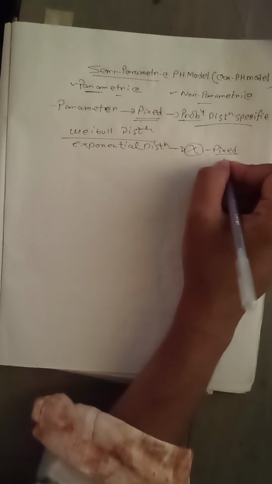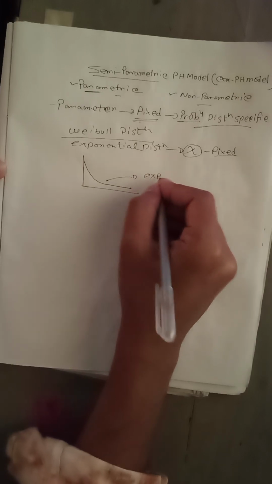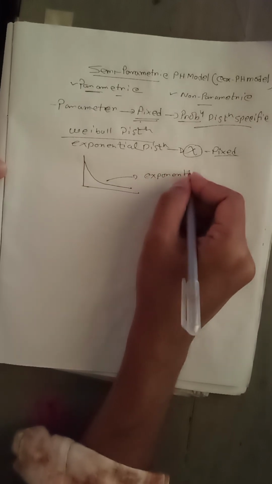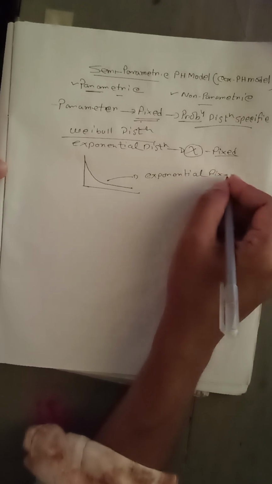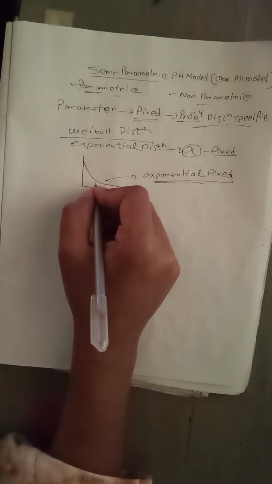Suppose this is an exponential distribution. These fixed parameters make this exponential distribution fixed, or we can identify what sort of distribution this is, because it has fixed parameters. What if we got something with this kind of shape?